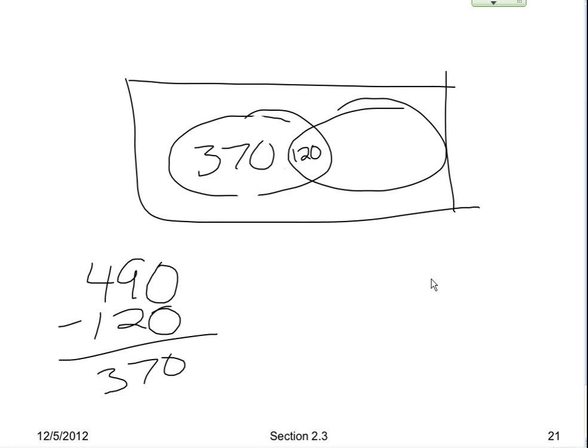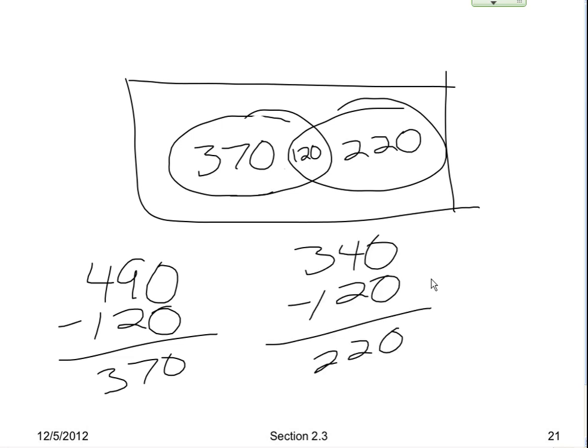We had 340 students that were willing to serve a free breakfast. Again, that includes the 120 students that were willing to do both. So we have 340 students minus the 120 students that we've already indicated in our Venn diagram. So we have 220 students that were only willing to serve breakfast.